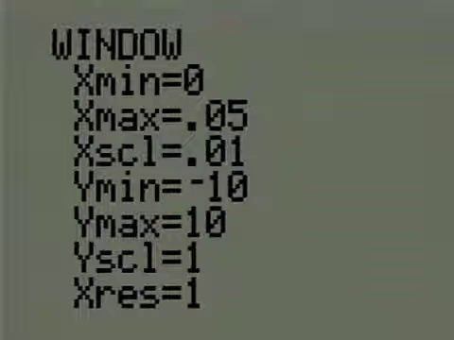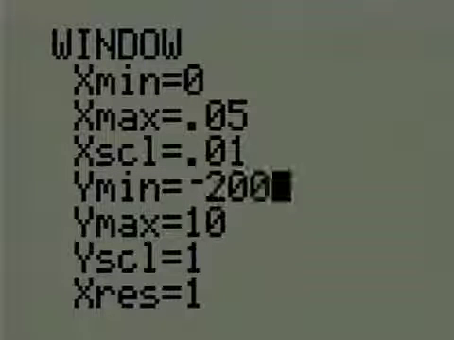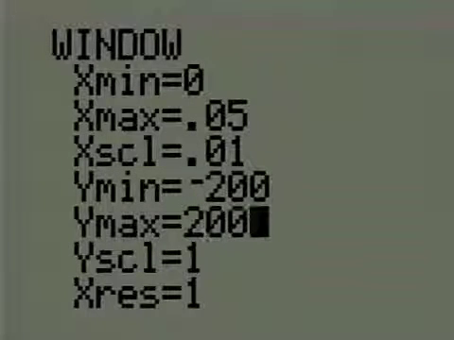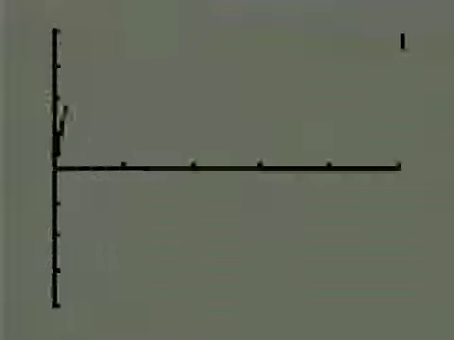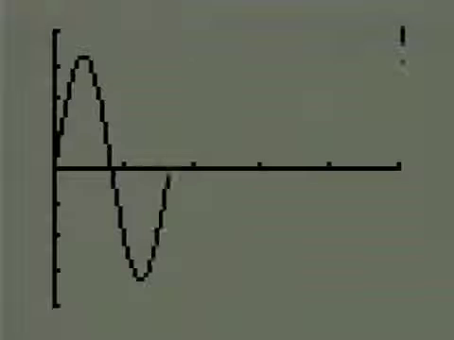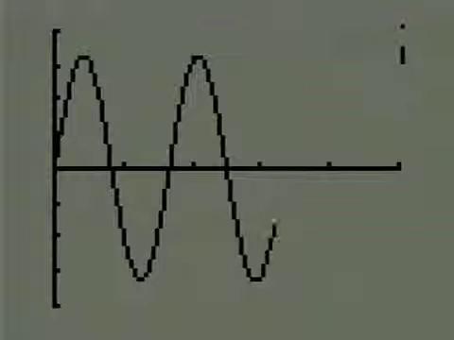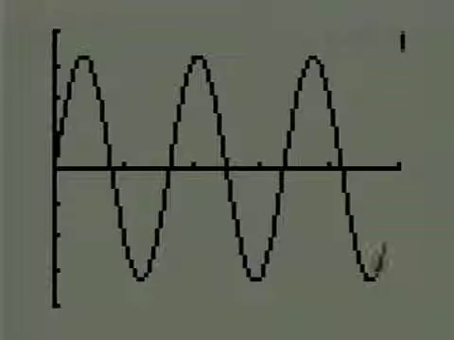That'll match that very nicely. Then -200 to 200 with a scale of 50 in the y direction. If we look at that graph, we get a graph of that particular voltage. We'll keep that in mind, and we want to go back and answer another question involving the same problem.